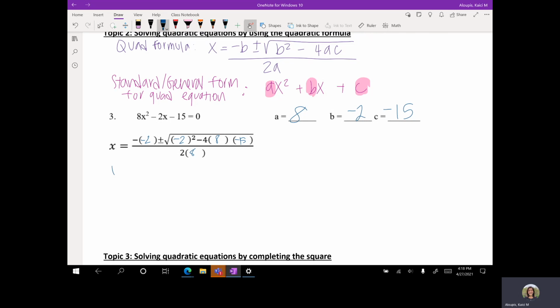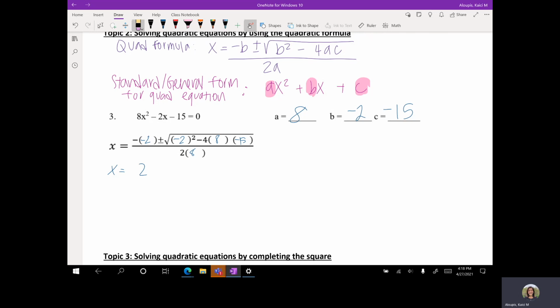So x is equal to... the actual formula says negative b. Well, our b is already negative 2. So negative b is actually just 2. As you can see right here, there's the negative 2.